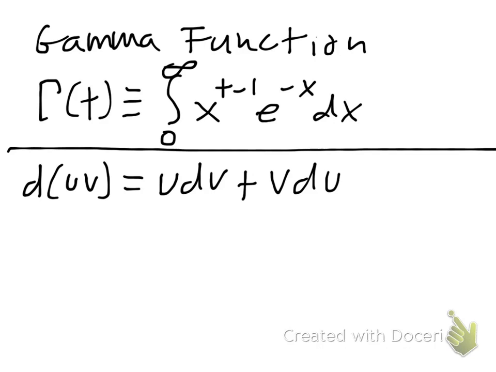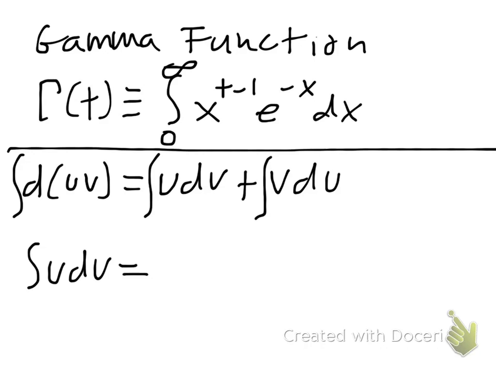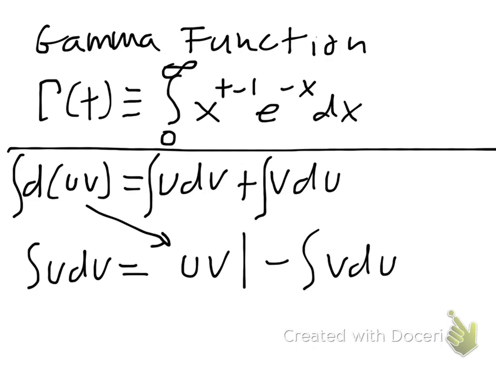Then if we take integrals of both sides and rearrange, we'll get the integral of u dv equals uv evaluated from whatever your limits are, minus the integral of v du. So this right here is integration by parts.